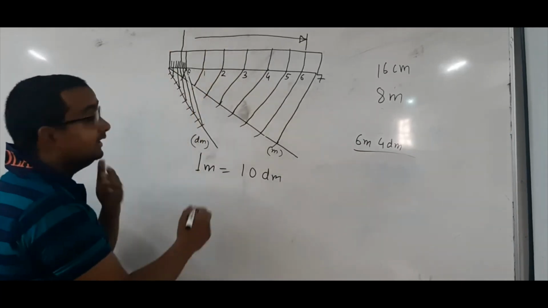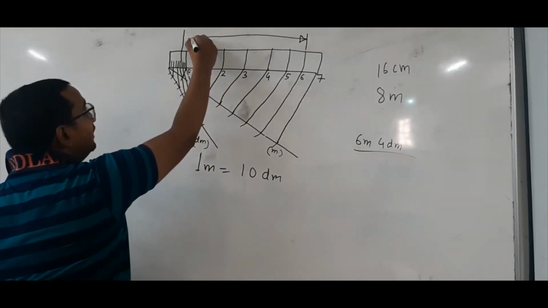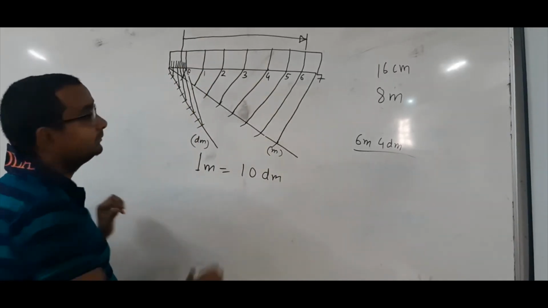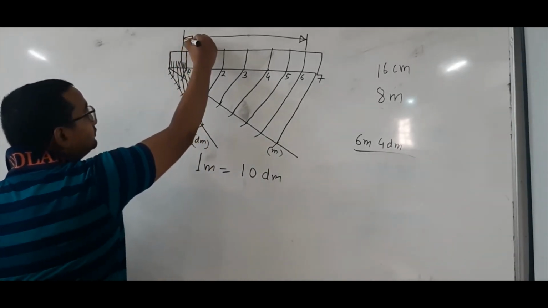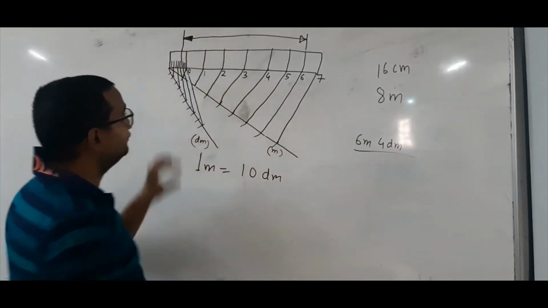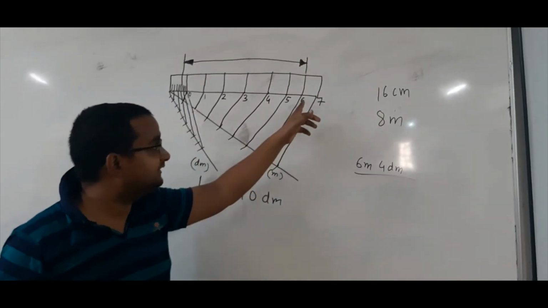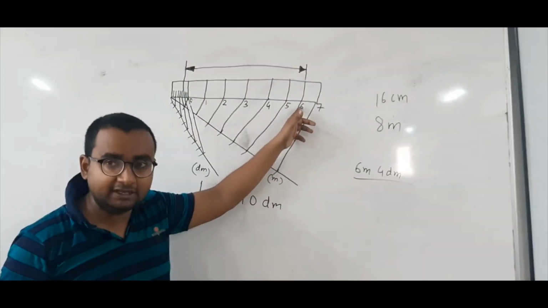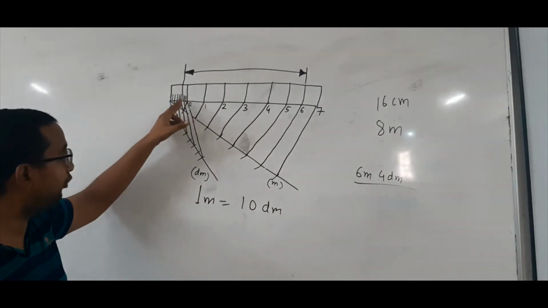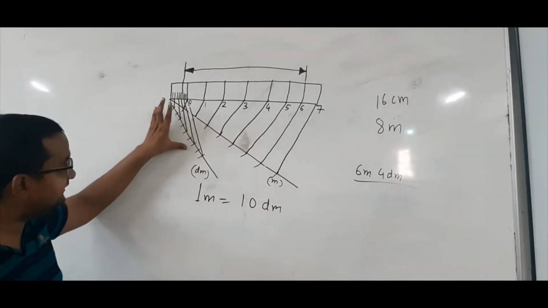So we will extend our dimension line up to this point. The dimension line of the given distance will be from the 6th division on the main scale up to the 4th division on this decimeter scale.